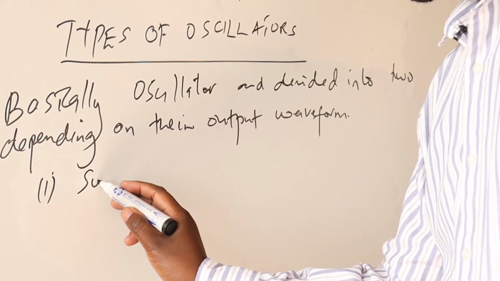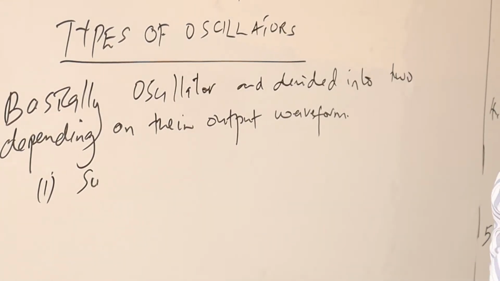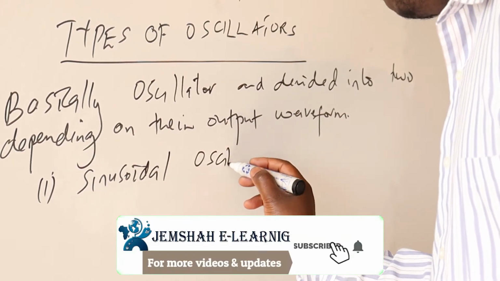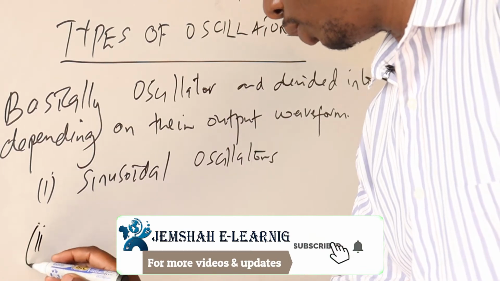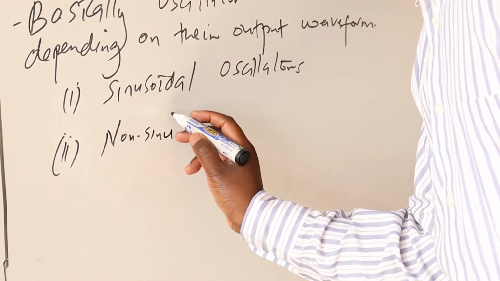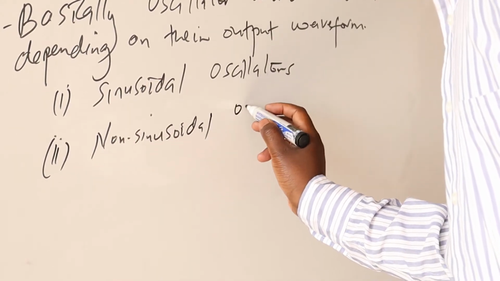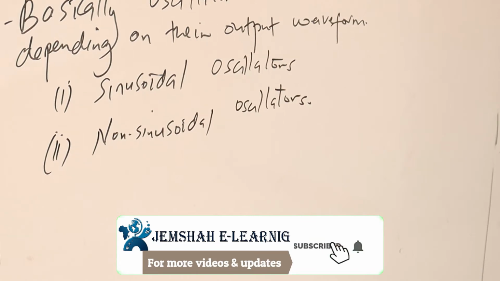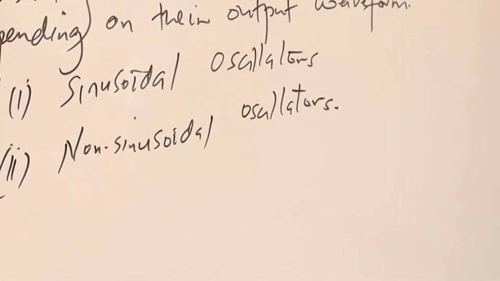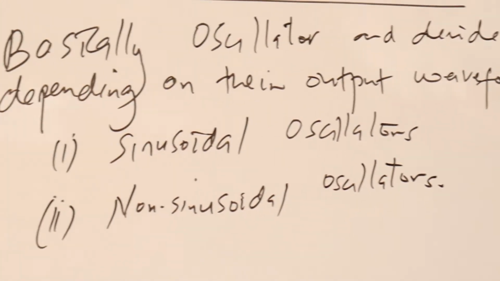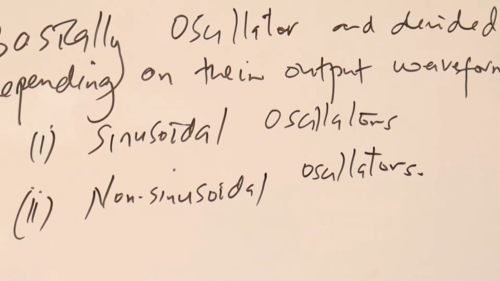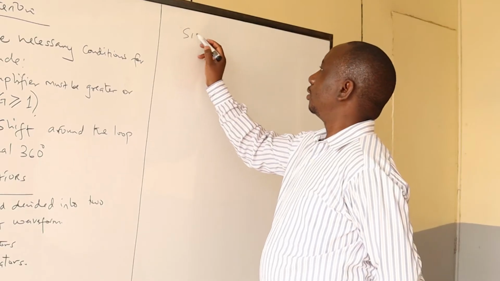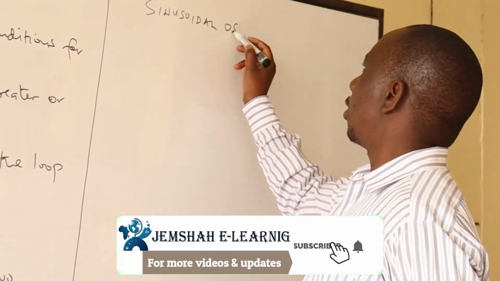Type 1 is sinusoidal. Type 2 is non-sinusoidal oscillators.